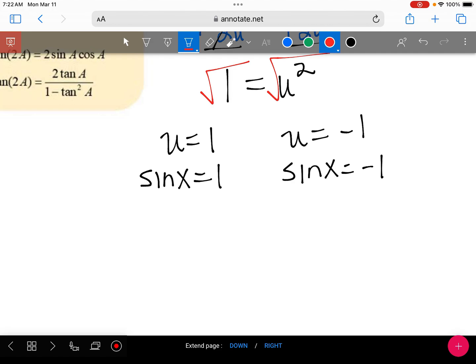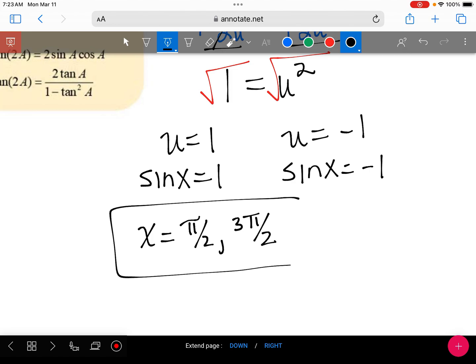So sine is your y value. So you should have that x equals pi over 2 and 3 pi over 2. All right, any questions about that?